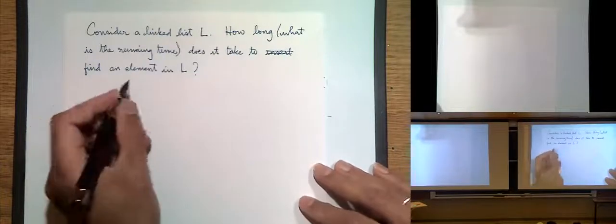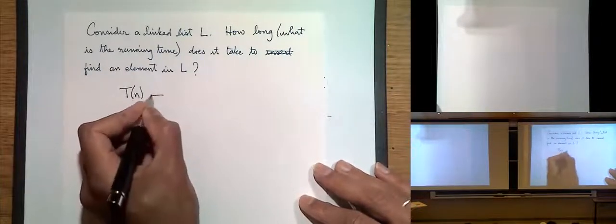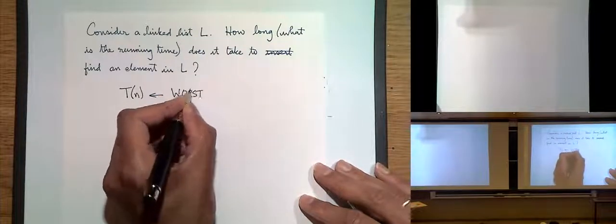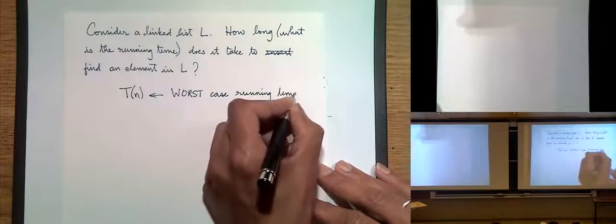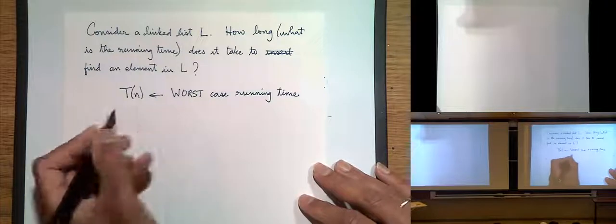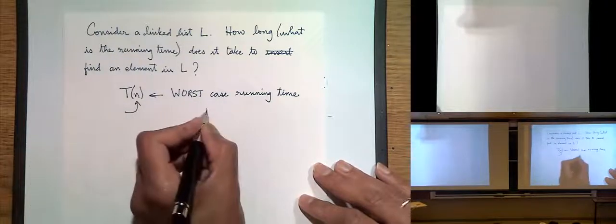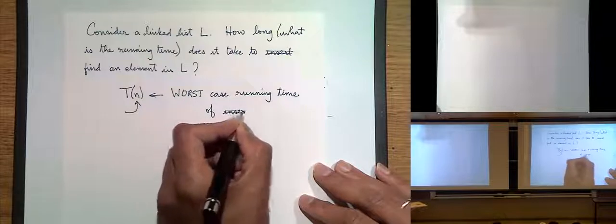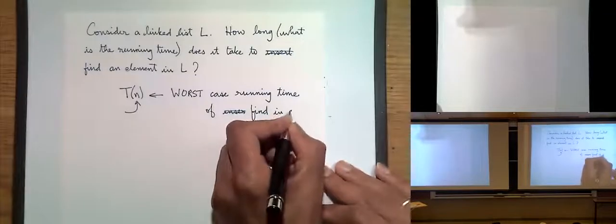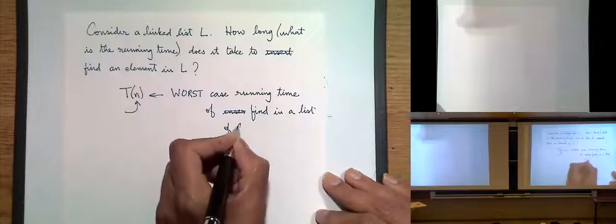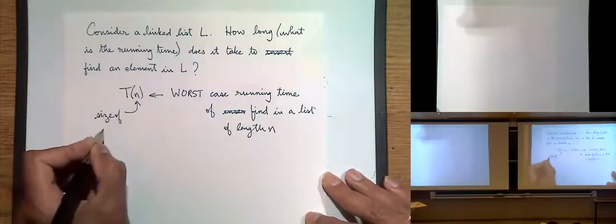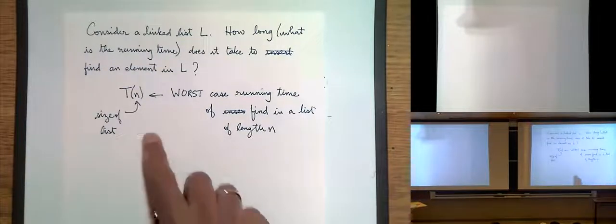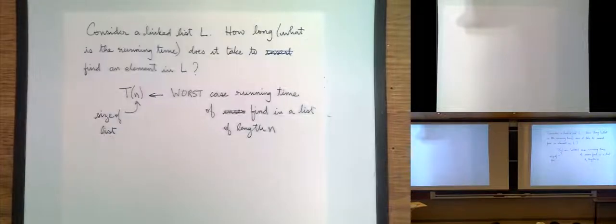And by how long, I can now define this function where T of n is the worst case running time of inserting, or of find, in a list of length n. So n is the size of the list.